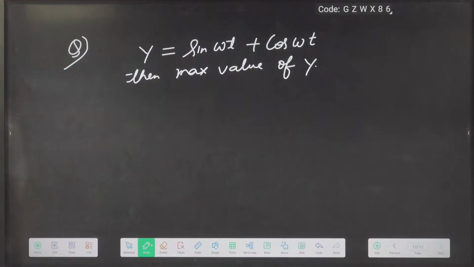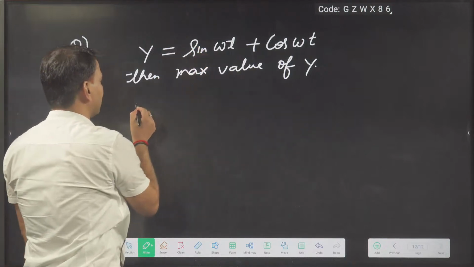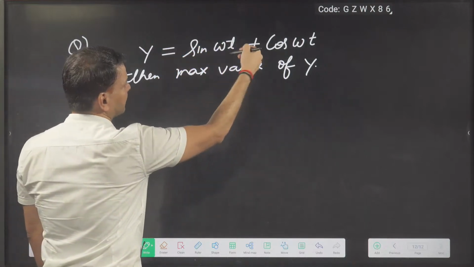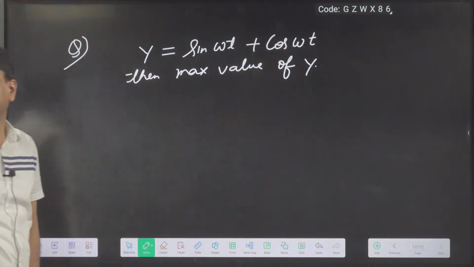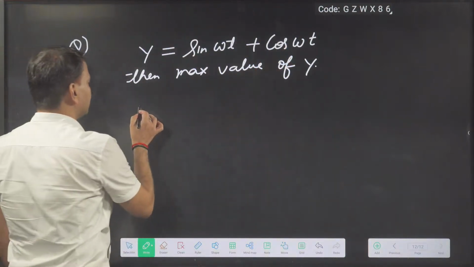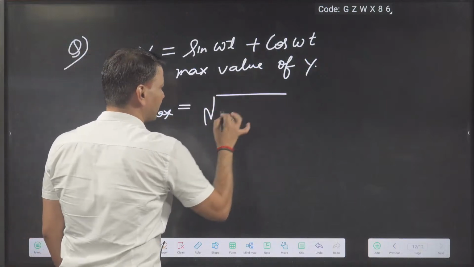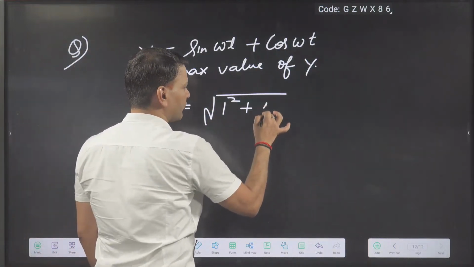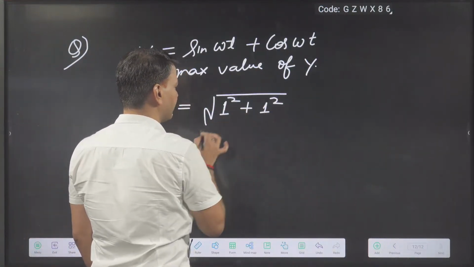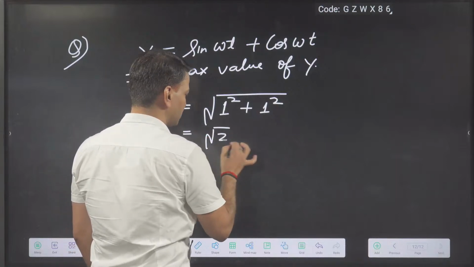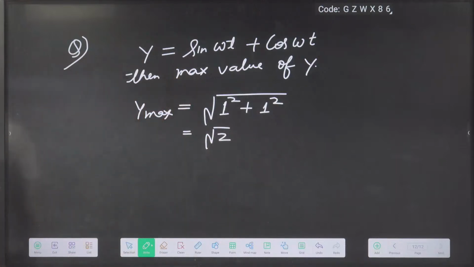Root 2, very good. So root 2 here, because I can take a is equal to 1, a sine omega t plus b cos omega t. A is equal to 1, b is equal to 1. Then what is the y max? Y max is the under root of a square means 1 square, plus b square means 1 square. Then we got under root 2. Okay, good.